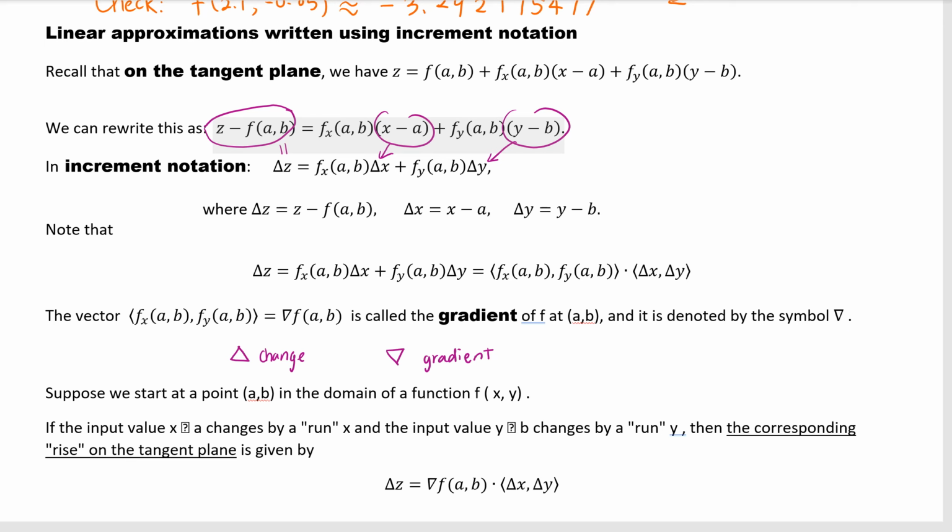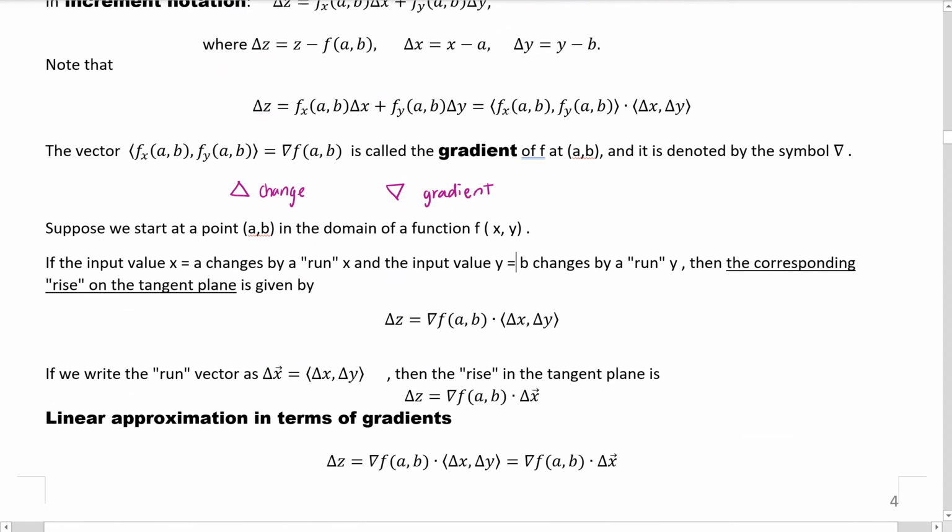If the input x equals a changes by run x, and the input y equals b changes by run y, then the corresponding rise on the tangent plane is given by change of z equals the gradient vector dot product with the vector of change in x and change in y.